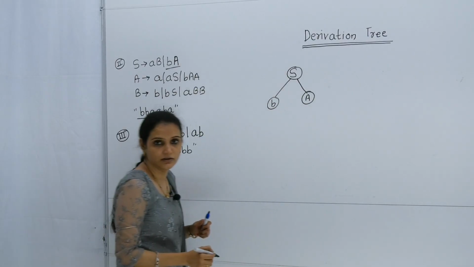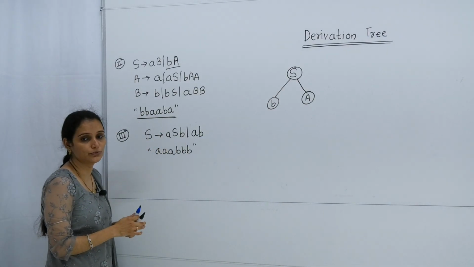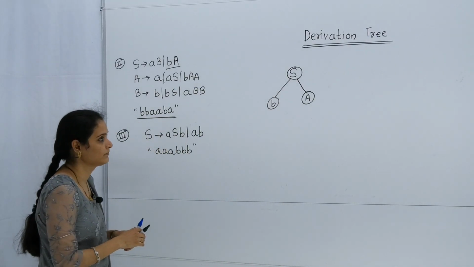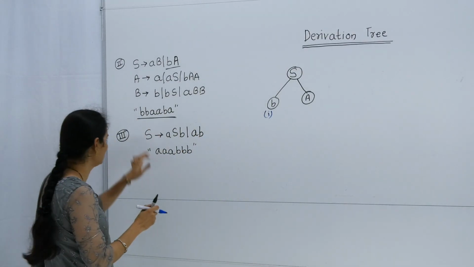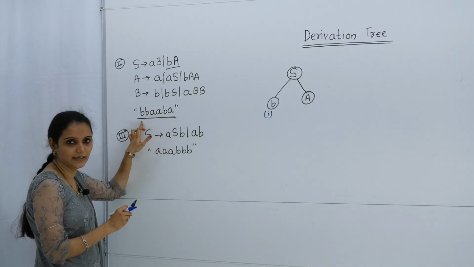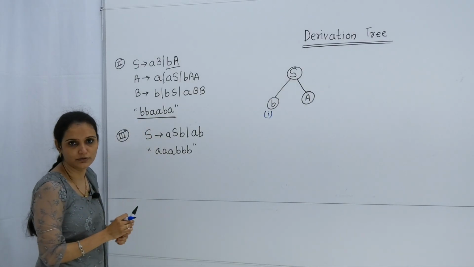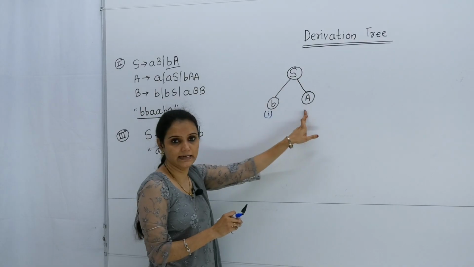That is our first rule which we have used for the derivation tree. Then here it is our first leaf node, and our string also started with the B which we are going to derive. Then capital A.